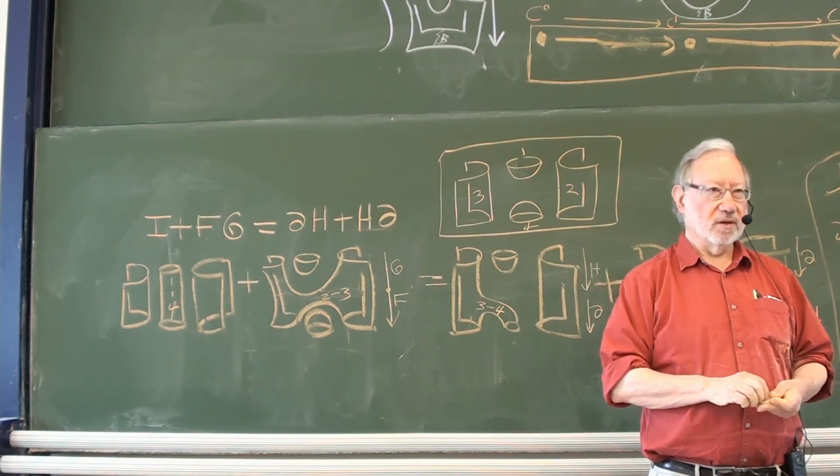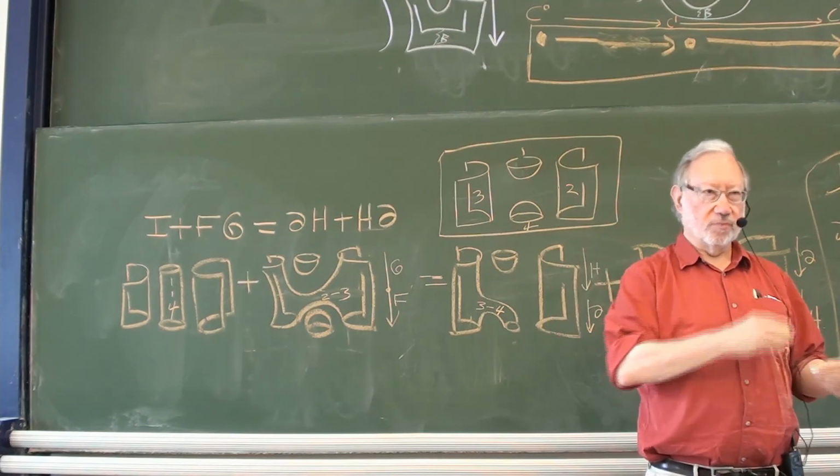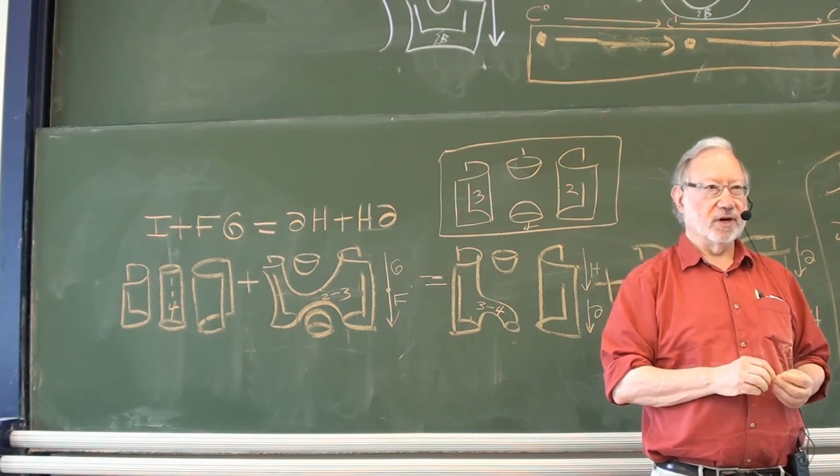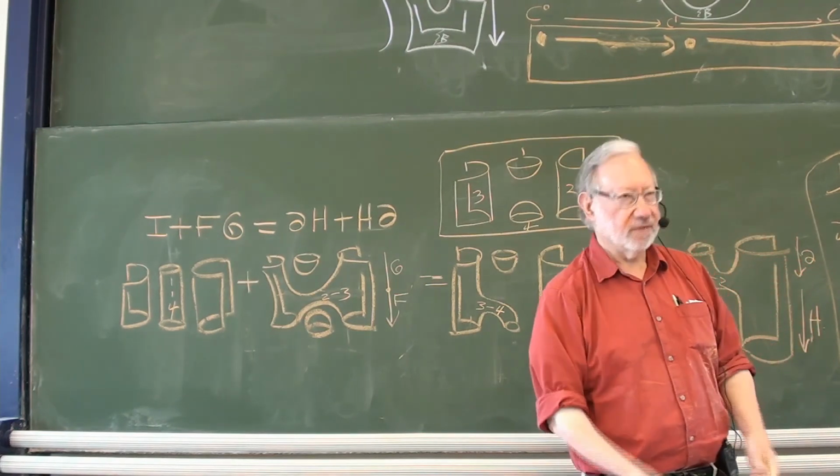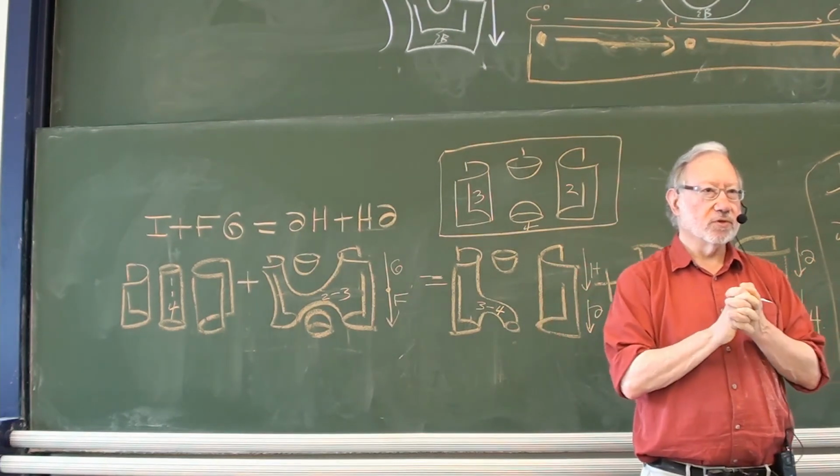That it really works, that it works for the other moves and everything. We've made it invariant under the second Reidemeister move by doing this, and that's sufficient to make it invariant under the rest of the moves.